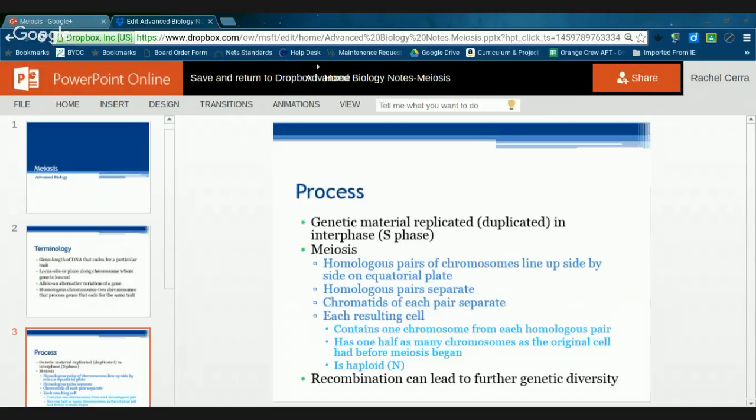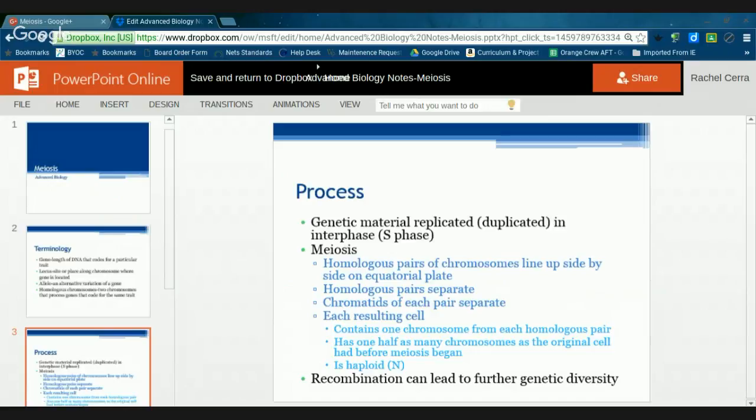But we'll hit it here. Just don't forget, we have to replicate everything in the S phase of interphase. And then obviously things grow, and then we actually go through this step of meiosis.